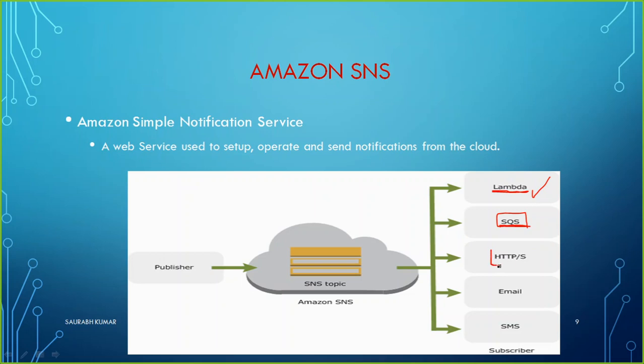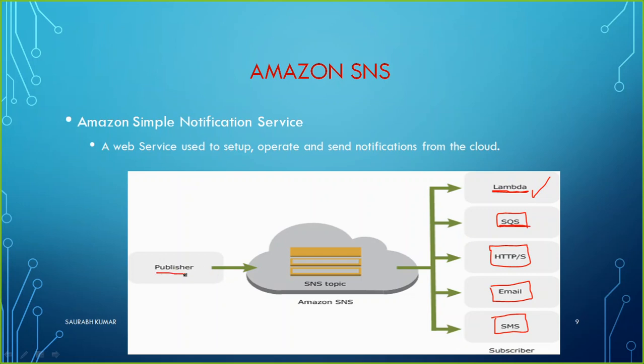Then HTTP or HTTPS, it can send a web notification. It can send notification through email to your email ID or to your customer's email ID. It can send SMS to your mobile number or maybe any administrator's mobile number. So all of these can be received by the subscriber, or the user, you can call it.